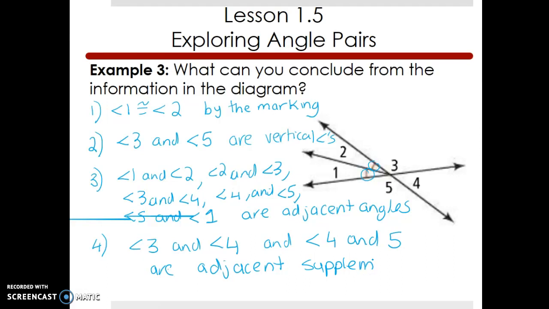And there is going to be a special word we're going to learn about that soon. Again, it's a straight line, angles that make up straight lines.